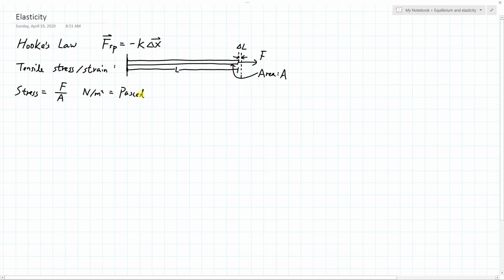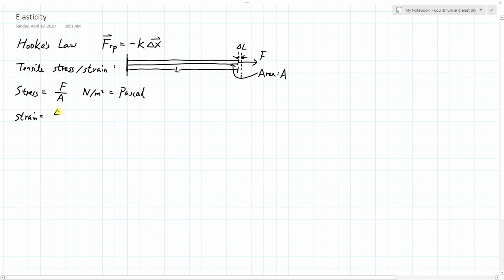So that's the same as pressure, like atmospheric pressure in a liquid. That's the same exact unit, for stress. And then strain is defined as not delta L, right? We had the delta x for stretching a spring.